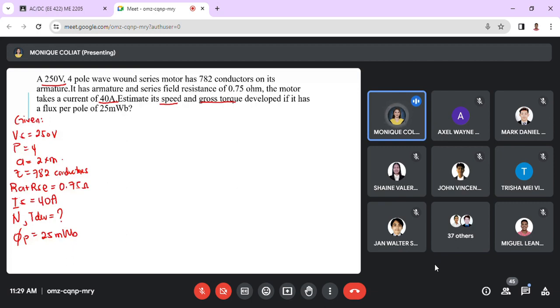So, VS, may RSE, RA, EB. So, RSE. So, meron tayong IS, ISE, IA. Okay, so, to get N, ano yung pwede natin gamitin na formula to get N?